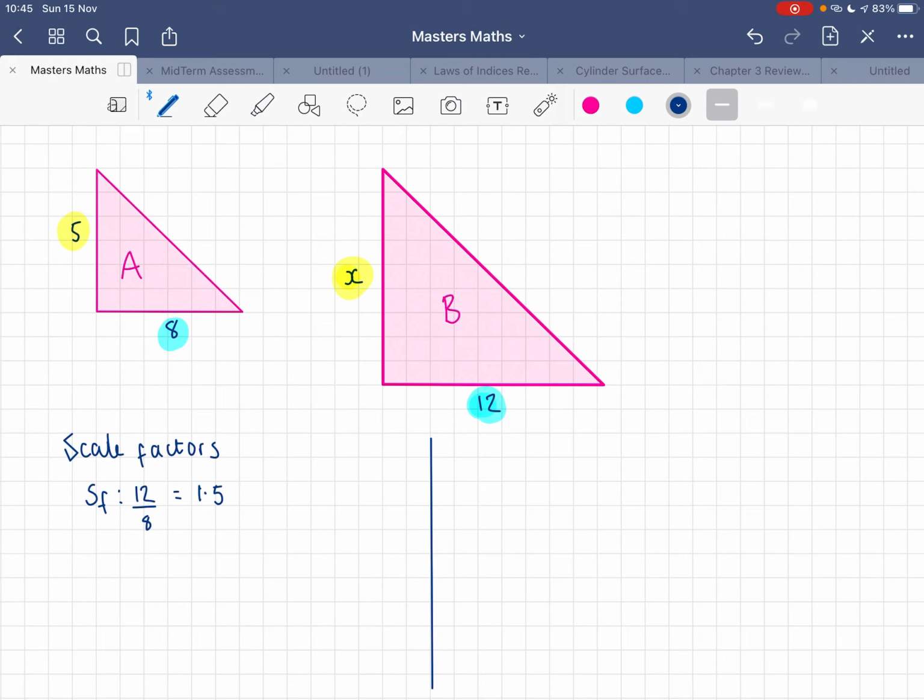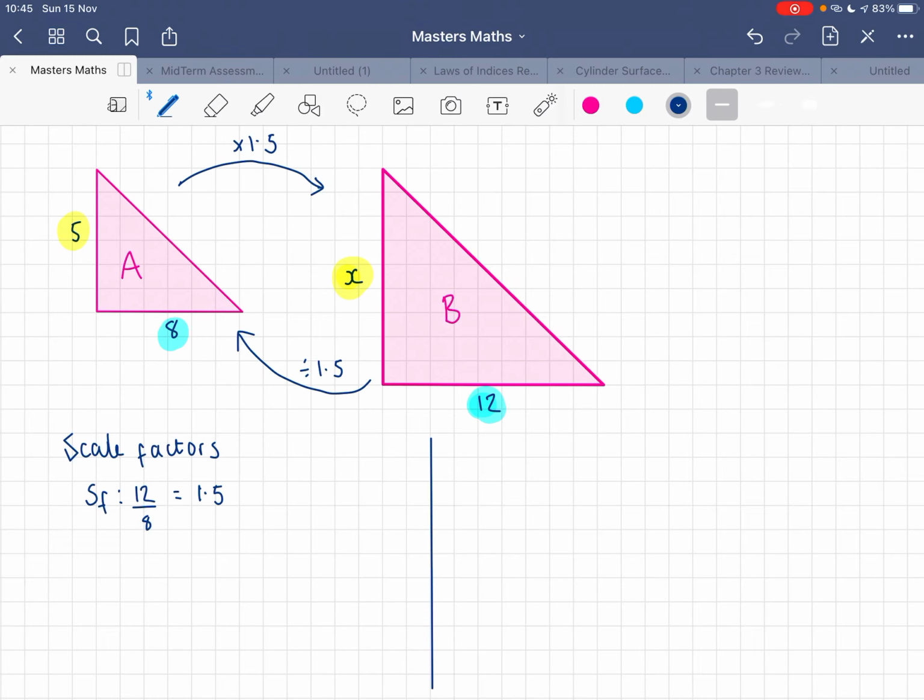Once we know that, we can then take this 5, multiply it by the scale factor because it's got bigger, so we'd be multiplying. If we were going the other way, we would divide. So if we're going this way, we are multiplying by 1.5. If we were going the other way, you're dividing by 1.5, because multiplying makes it bigger, dividing makes it smaller.